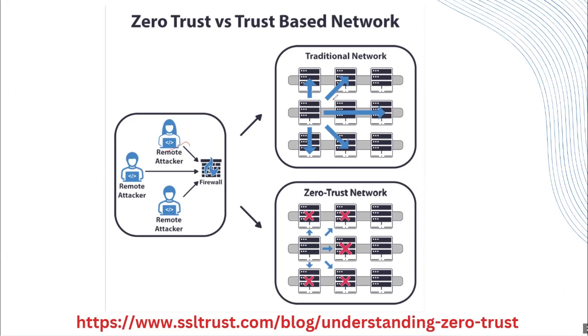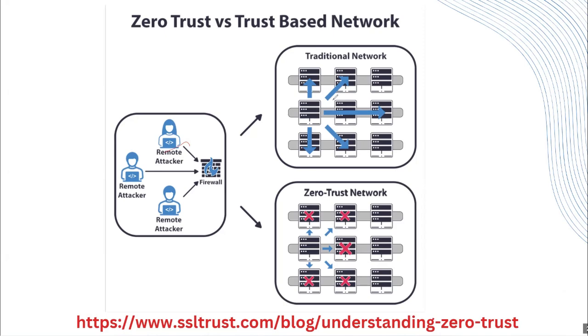So even when a remote attacker bypasses the firewall and goes to our network, he cannot move between the machines, because he cannot verify himself as a legitimate user. This is the concept of zero trust. Never trust, always verify. We are constantly verifying each connection that is made, right?